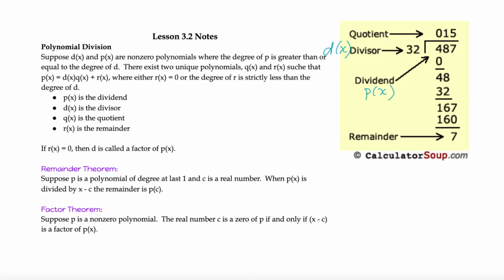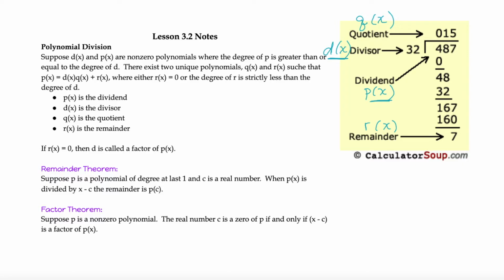So the degree of our inside value has to be greater than or equal to the outside variable. There exists then two unique polynomials, the quotient polynomial, q of x, and the remainder polynomial, r of x. And it could be a polynomial or it could be a whole number as well.